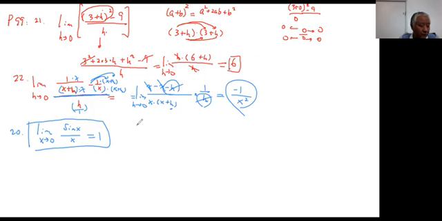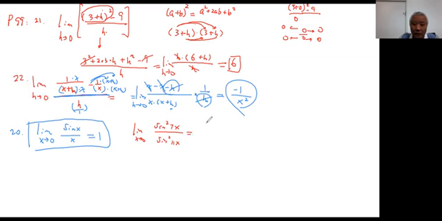The question is limits, right? X approaches 0, sine square 7x over sine square 11x, like this. So what you can do is this.